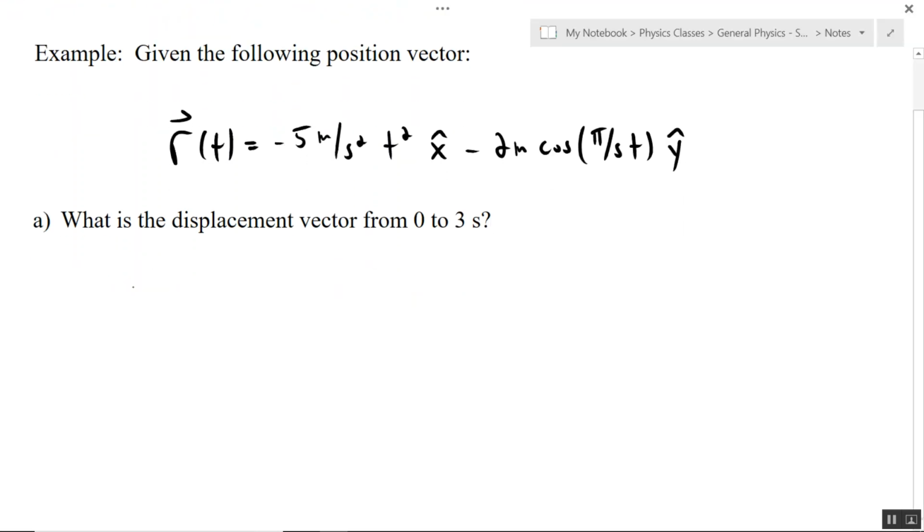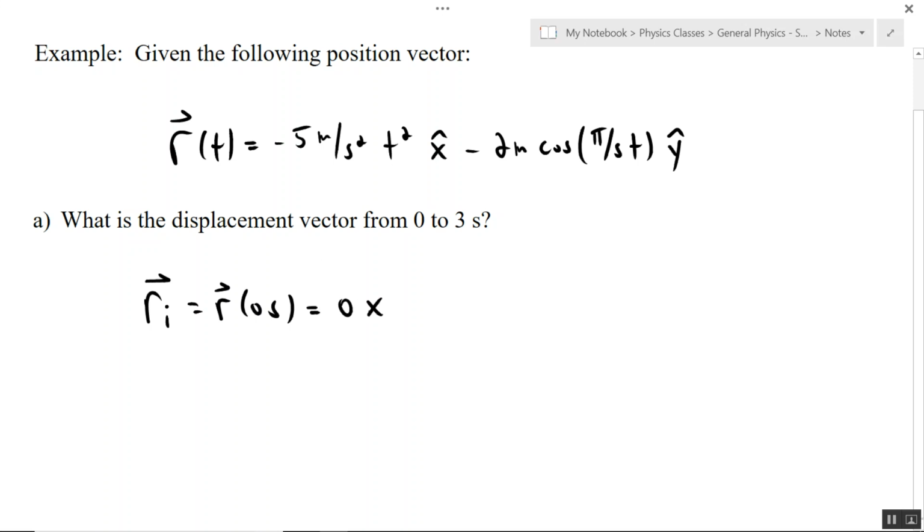So, all right. So r_i, you could say the initial vector is the position vector at 0 seconds, right? So what is the position vector at 0 seconds? All right. So what is the x part of it if t is 0? 5? No. 0, right? So there is no x part.